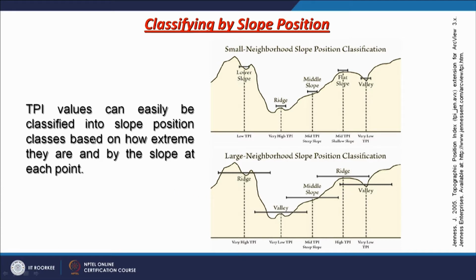So that is why TPI values can easily be classified into slope position classes based on how extreme they are and by the slope of each point. So this search area influences the determination of our different kinds of landforms.